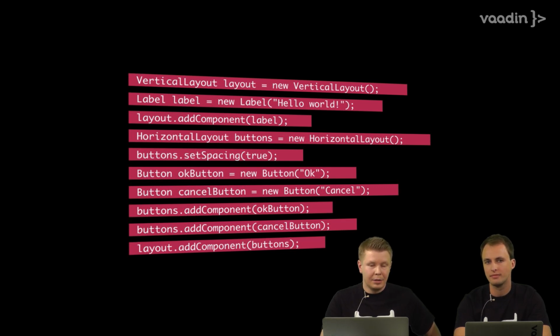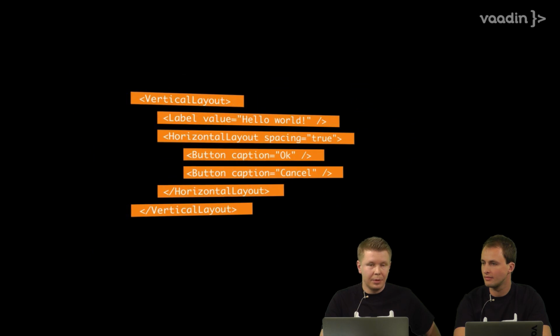So if we compare it to, for example, an XML that looks like this, I would say that you can much more easily see what kind of layout this represents. And also, if you are doing some editing to this layout, it should be a lot easier, especially for people who don't have any Java background.